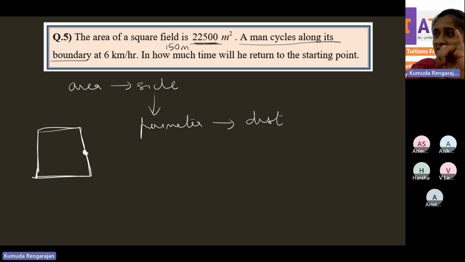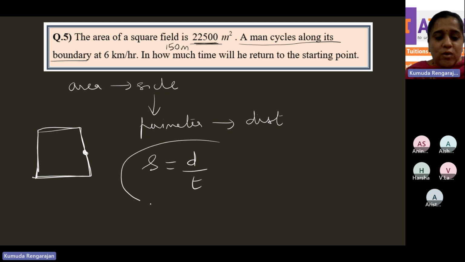So you know the distance and you know the speed. What is the relationship between speed, distance and time? Speed is equal to distance by time. There are 3 quantities in this formula. If you know any 2 of them, you can find the third one.